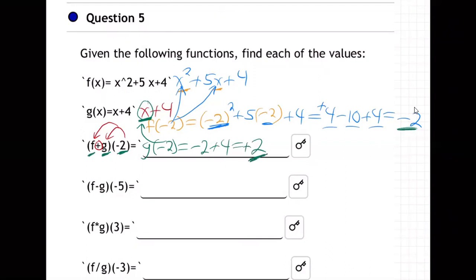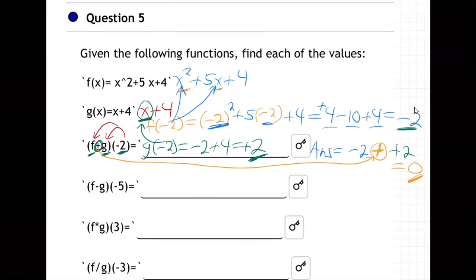And then what are you supposed to do? Add those together. So the answer is going to be -2 and +2 added together. Right? That plus sign right there. Add together. And so what is that answer? That's just 0, isn't it?